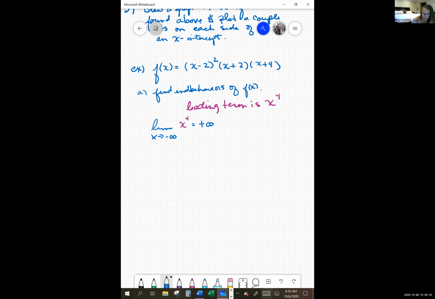And the limit as x goes to positive infinity of this x to the fourth function is also positive. So we know our end behaviors so far are shooting upwards.